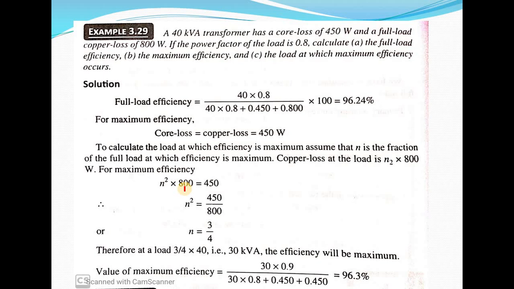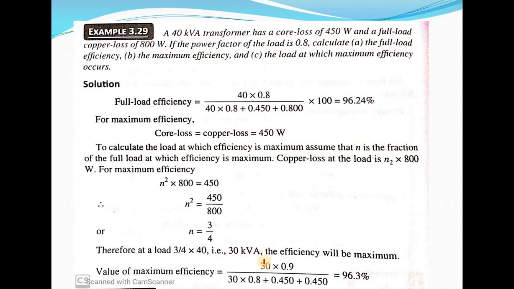Because if the load is half, then what will be the copper loss? It is 1/4, so N square. So N square times 800 should equal 450, so N is equal to 3/4. So at 3/4 load the efficiency will be maximum. Here the output load is 40, so 3/4 of 40 is equal to 30 kVA.